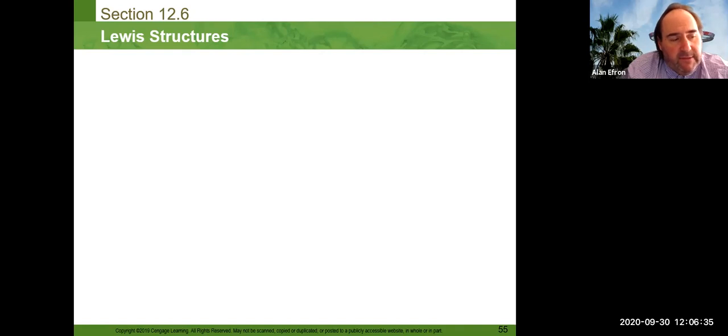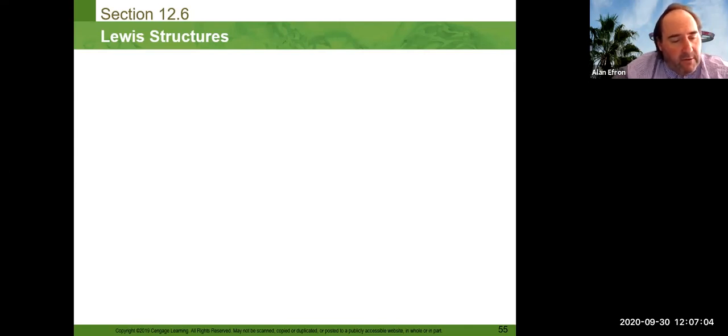Those leftover electrons always go on the outside atoms first, in pairs of electrons, as dots, until all the outside atoms have 8 electrons, except hydrogen, which should only have 2 electrons and no dots. If you've filled up everybody on the outside, like we did at the very end there, and you still have electrons left, they then go to the center atom and are placed on it as dots as well. Those are the rules you want to follow.